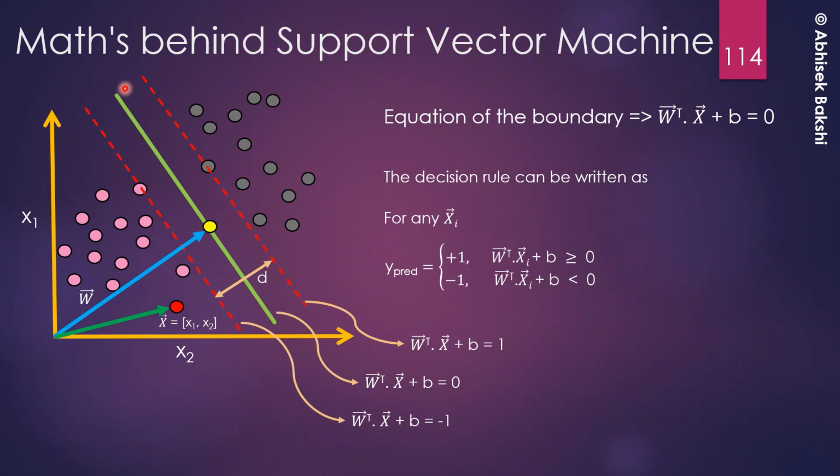So basically there are three different straight lines over here with respect to 2D. With respect to 3D, there will be three different planes. With respect to a dimension more than 3, you will have three different hyperplanes. I hope now it is clear.